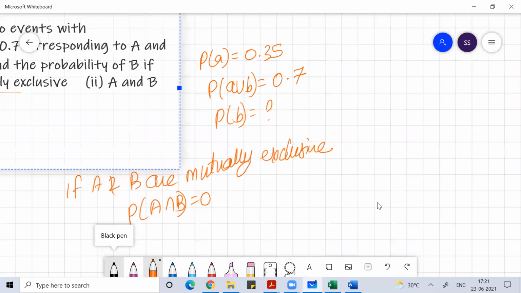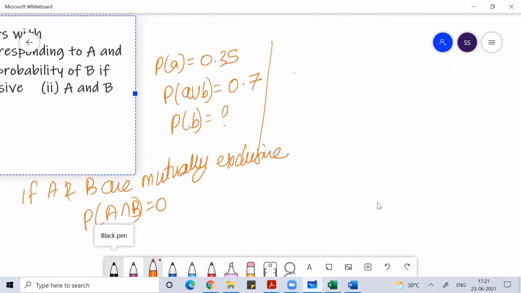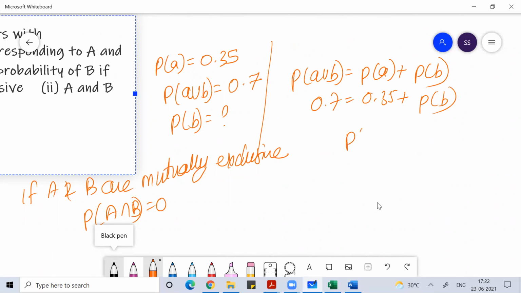I hope this is clear. So then probability of A union B would be probability of A plus probability of B, because A intersection B is 0. So 0.7 is equal to 0.35 plus probability of B. So if they are mutually exclusive, the probability of B would be 0.35.